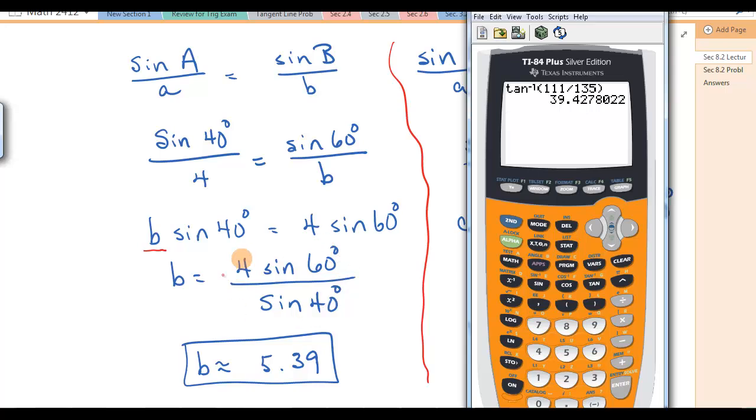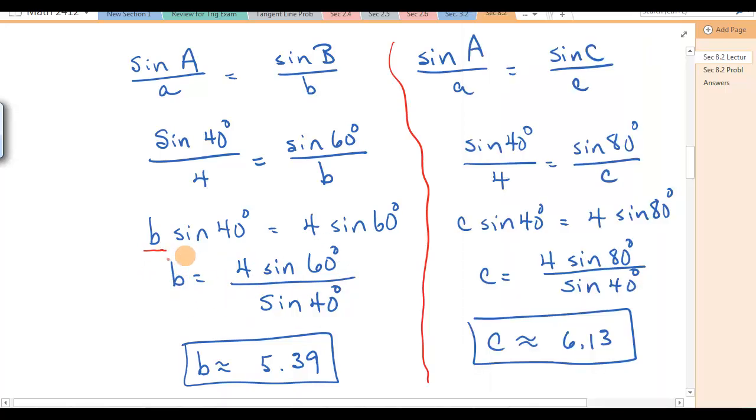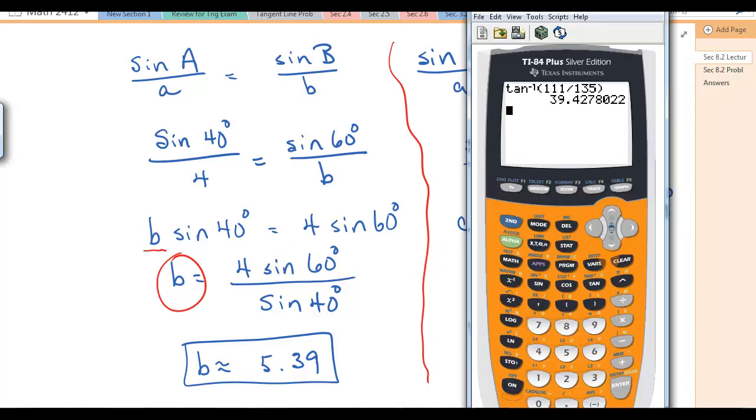So when we're doing it here, we've solved for b, and we want to put this in the calculator. The best thing to save you any trouble is to put the top in parentheses if it's got several things. So we'll put a parenthesis, which is above the 8, and we'll do 4 sine 60, close that parenthesis, that's for the 60, and go ahead and close again, which matches this one.